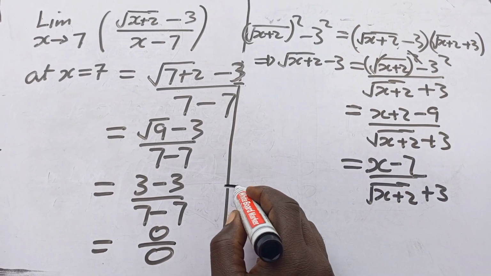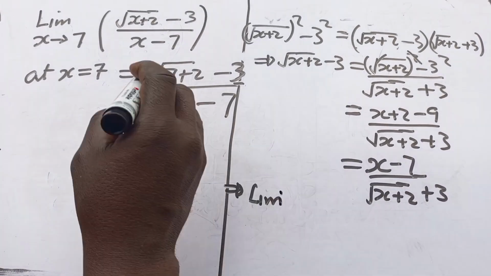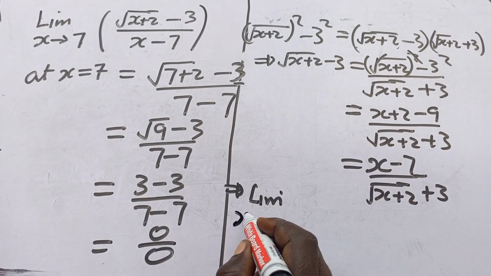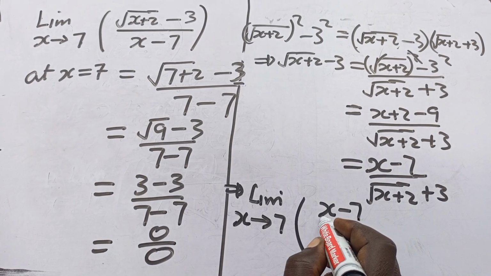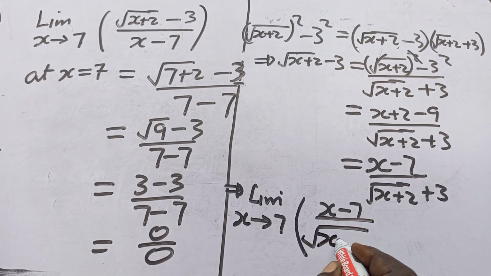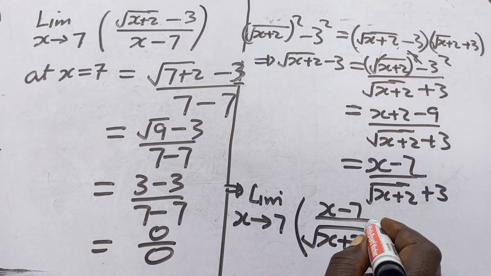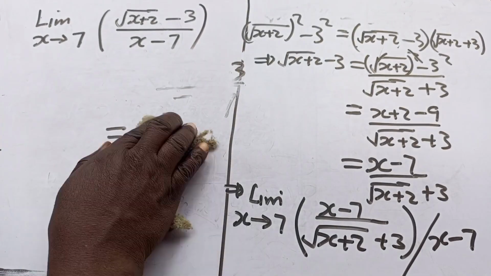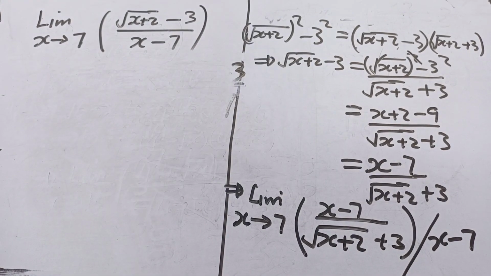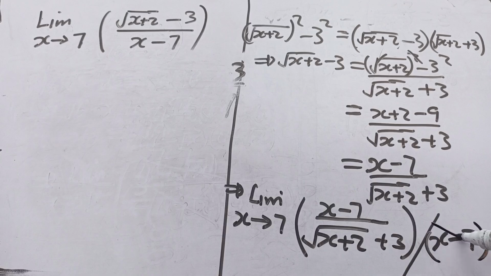So our limit now becomes limit as x approaches 7 of (x minus 7 all over root of x plus 2 plus 3), all of that divided by x minus 7. Now, when we look at it strictly, we'll see that x minus 7 will cancel out x minus 7.